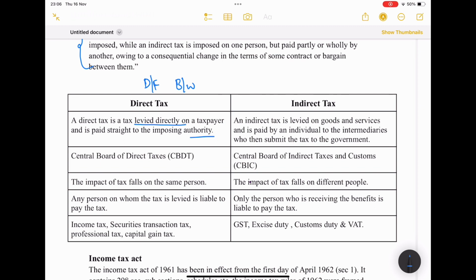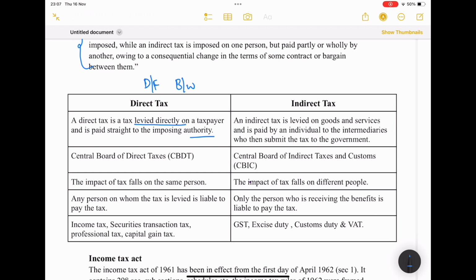For example, I'm a worker whose salary is less than 2 lakhs, so I don't need to pay the taxes. The person who is under the income tax law, who has to pay the taxes, has to pay compulsory taxes.